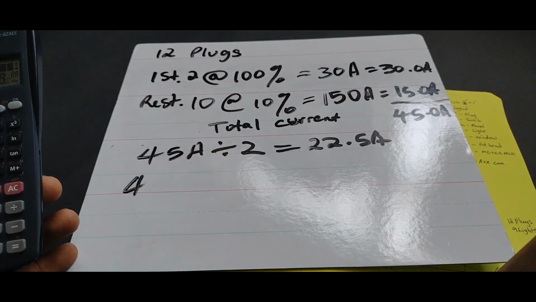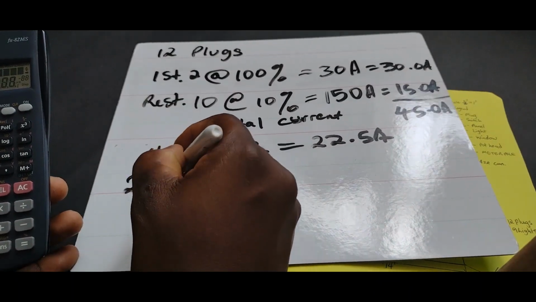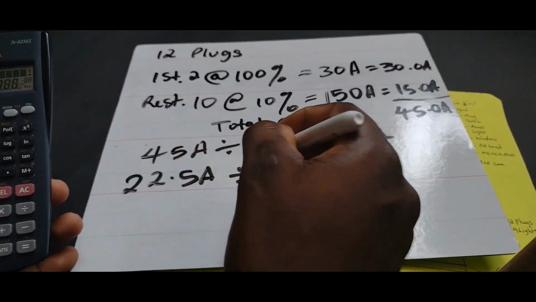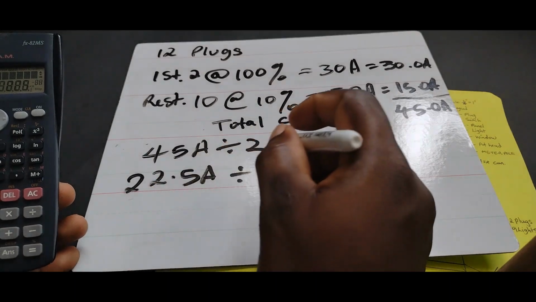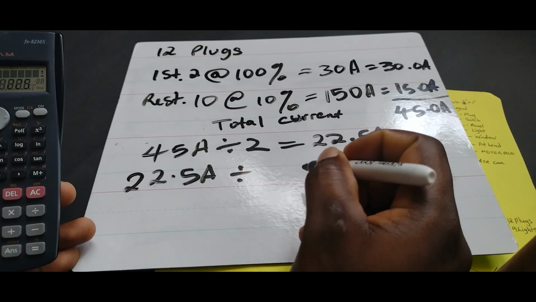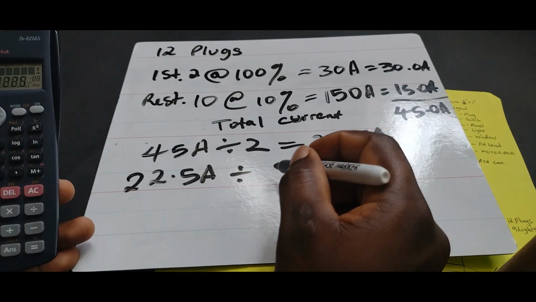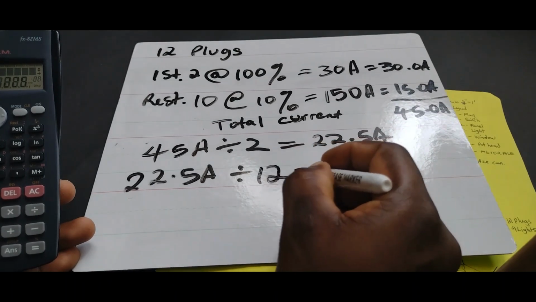That's the 22.5 amps, the current per phase, divided by the amount of plugs.